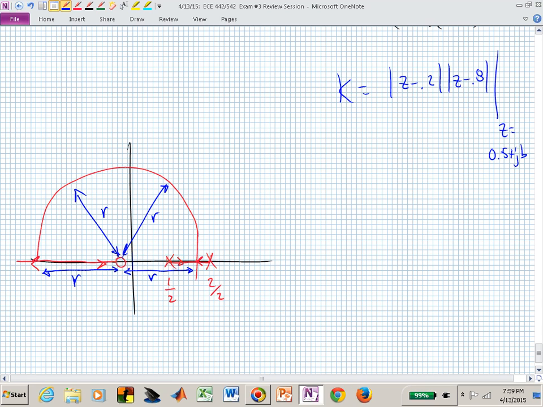The breakaway occurs between the 2 poles. They get so high in gain, and then they're right on top of each other, and they can't go through each other. They have to leave the real line. Then they leave the real line, and they come back in the same distance away from that 0.